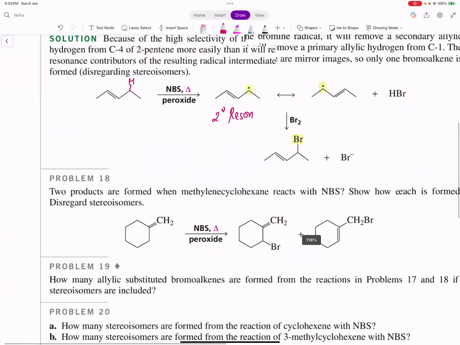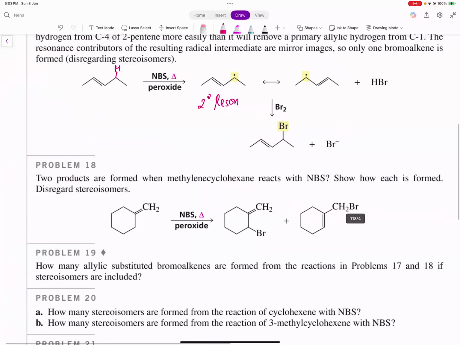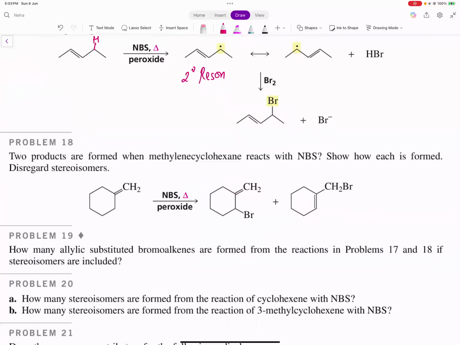Yes, sir. Clear. And again, they will ask you for the products. So now you can see how these products will be formed. In the first step, what will happen? We are going to abstract the hydrogen from here. So I am going to generate this specific free radical, double bond CH2 dot, and then I draw its resonating structures.